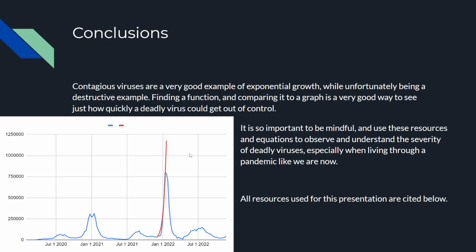If this were to go on for slightly longer, it would have caused the death of many people, which is why it's very important to be mindful and use these resources and equations to observe and understand the severity of these deadly viruses, especially when living through a pandemic like we are now.